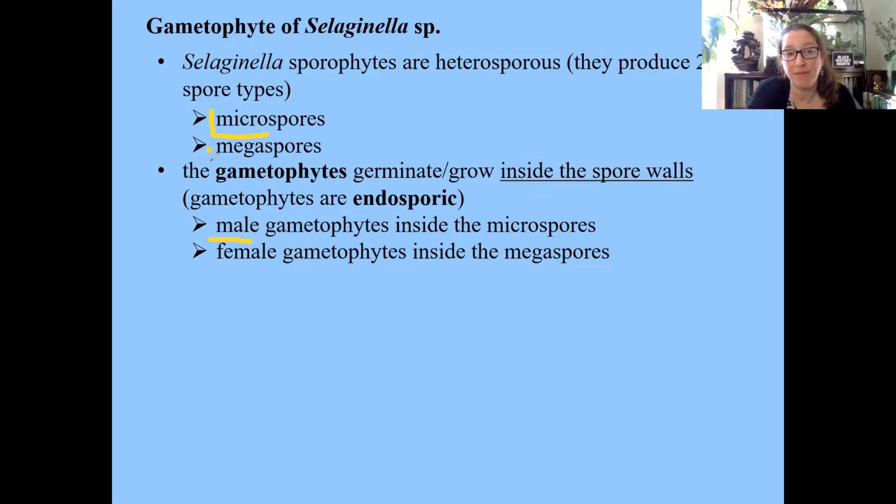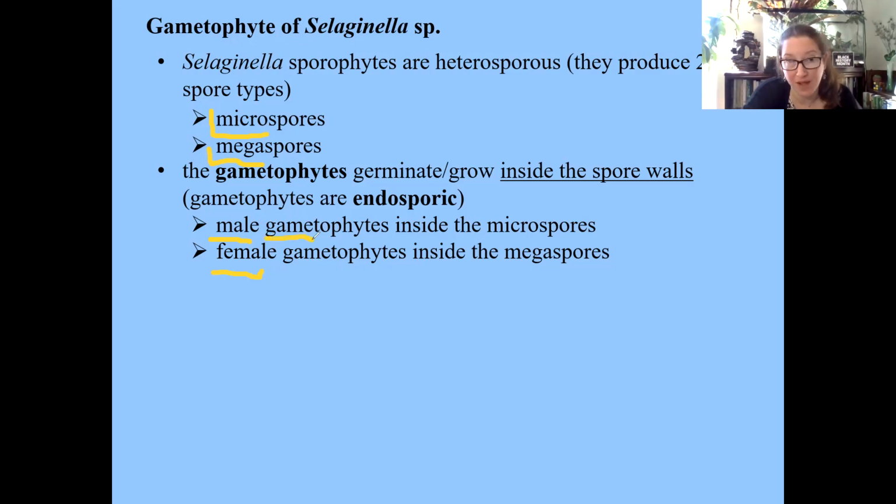And anytime we see mega in this class, it refers to female. The reason is that in the plant world, male things tend to be very small compared to the female things. That's also the case in mammals, right? One sperm is very small compared to one egg. But in the plant world, we use micro to refer to male things and mega to refer to female things simply because of size.